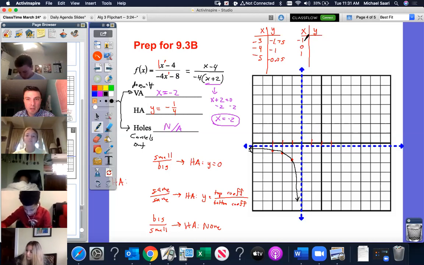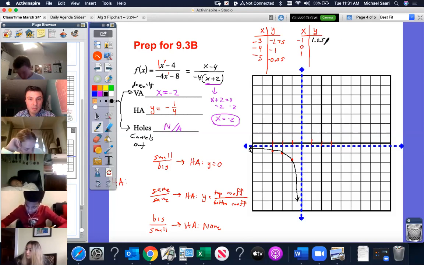Okay, so we're gonna do the same thing. We're plugging in negative 1 for those right there, and 0 and 1. So we will get, let me think, negative 5 over negative 4, so that'd be 1.25 for that one.